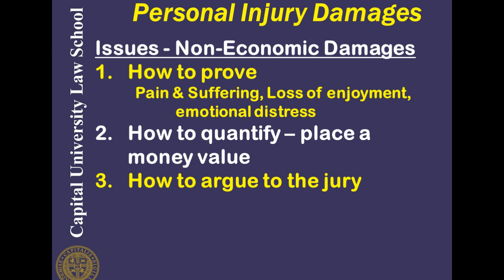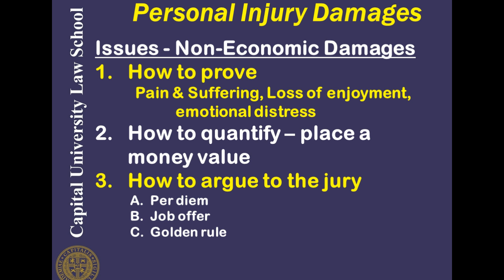Well, there are a number of arguments that are discussed in your book, and I'll just talk about these very briefly here. There's the per diem argument. So saying to the jury, what should we pay for 1 hour of pain? What should the plaintiff be awarded for being in, for example, 1 hour of excruciating pain? And then you would say, okay, but this plaintiff is in pain 10 hours a day.